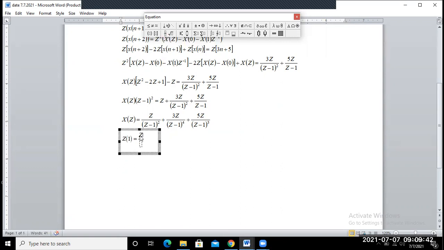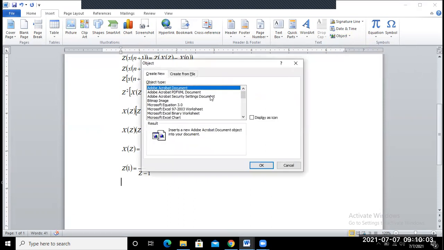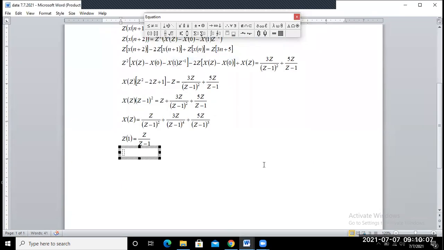Similarly, the Z transform of n can be written as z by z minus 1 whole square.